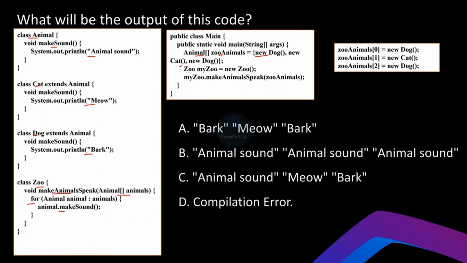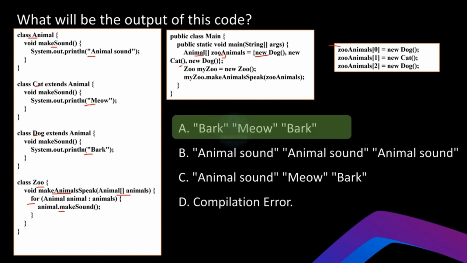Coming to the main method, this line, Animal[] zooAnimal, is an array that can store objects of the Animal class and its subclasses. We can see in this line that zooAnimal[0] will take the value of a Dog object, and then zooAnimal[1] and zooAnimal[2] will take Cat and Dog respectively.